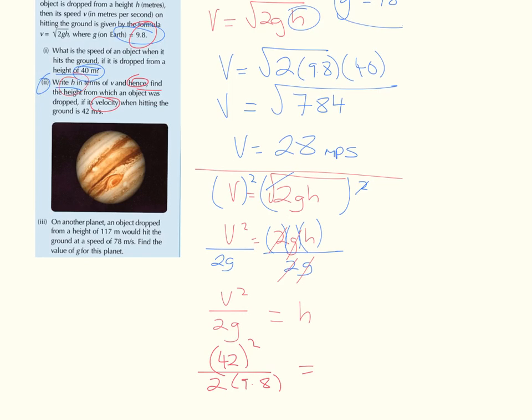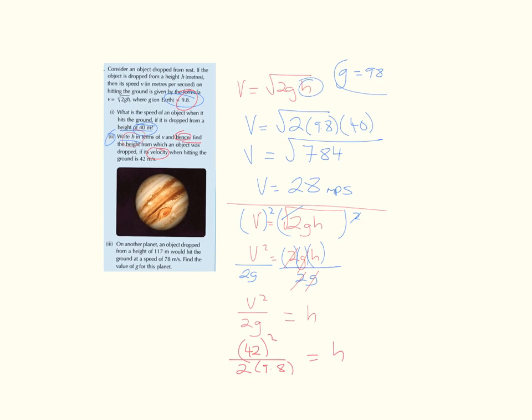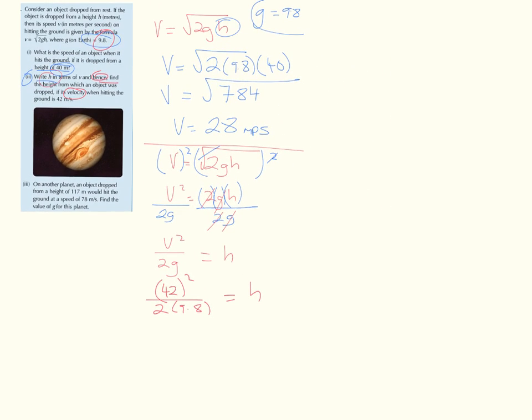And that should give me the h. So again, you use your calculator here to type all of that in, and you should get on top 1764 divided by, on the bottom, 19.6. If you divide those two, you should get 90, and that is equal to our h. So first steps here was to rearrange the formula, and then we had to apply some substitution.